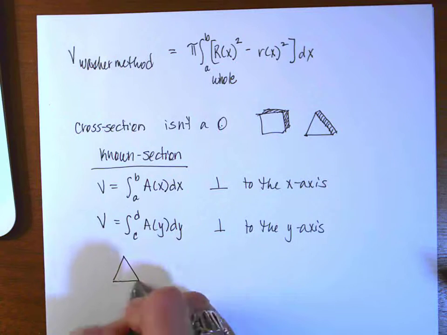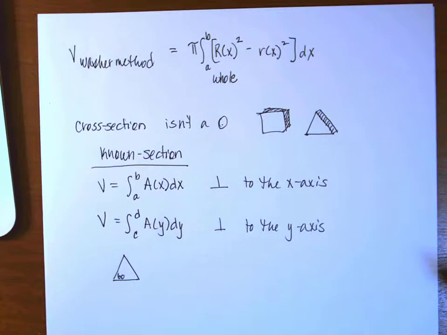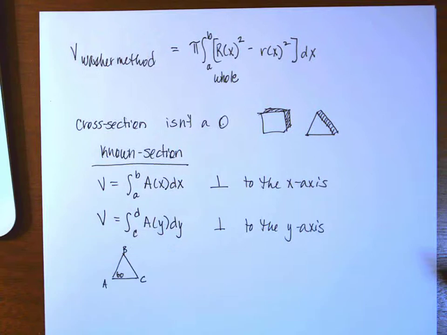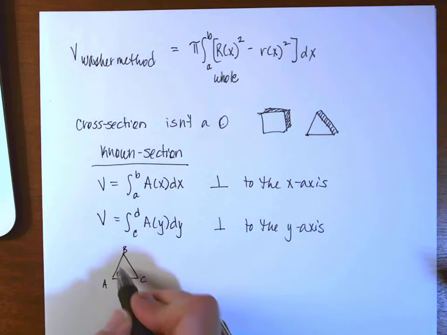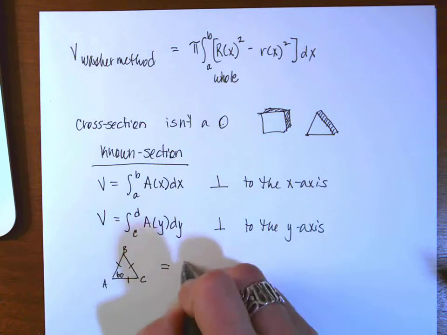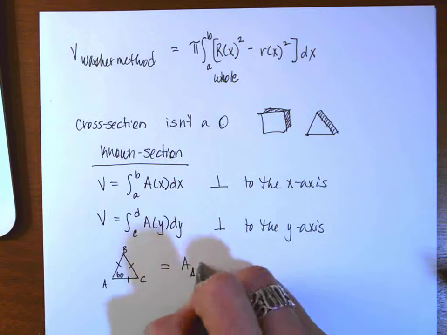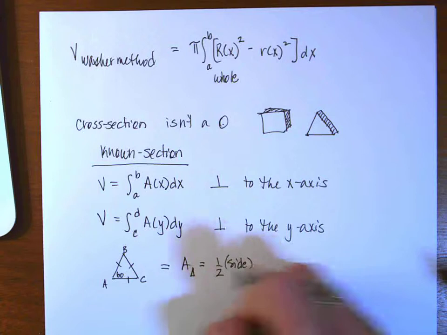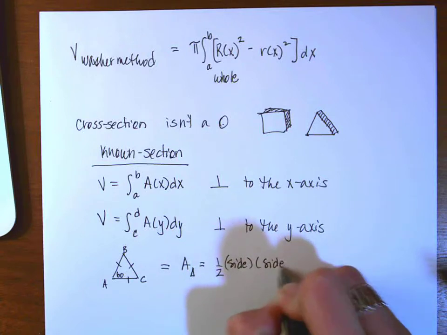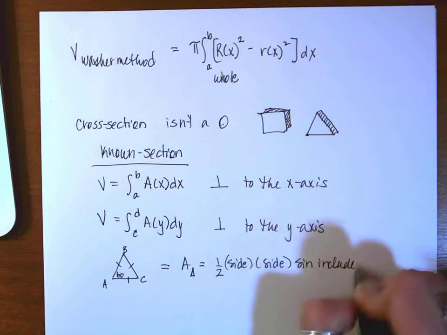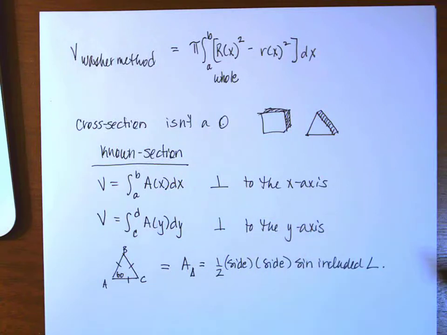There is a special formula that I want you to remember for triangles because oftentimes what they'll tell you is that you have an equilateral triangle, and I'm going to call this angle A, angle B, and angle C. If it's an equilateral triangle, all three sides are equal, and there's a lovely formula from pre-calc that says that the area of the triangle is equal to 1/2 the length of one side times the length of another side times the sine of the included angle.